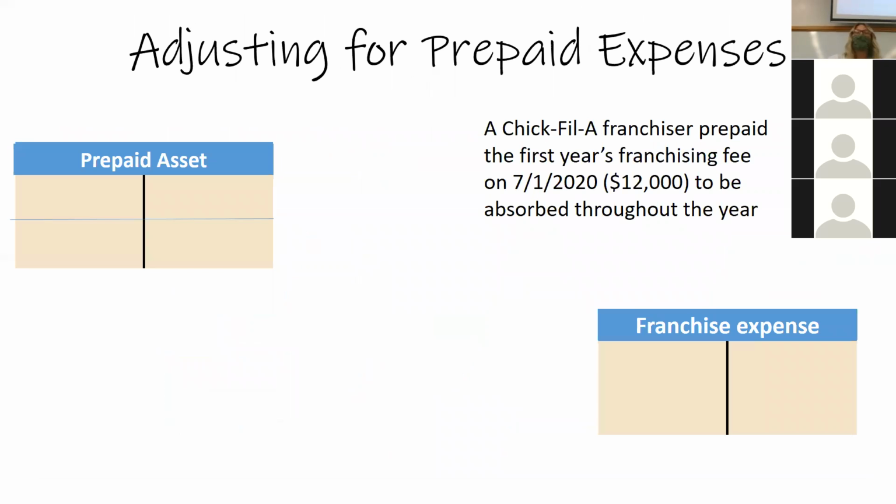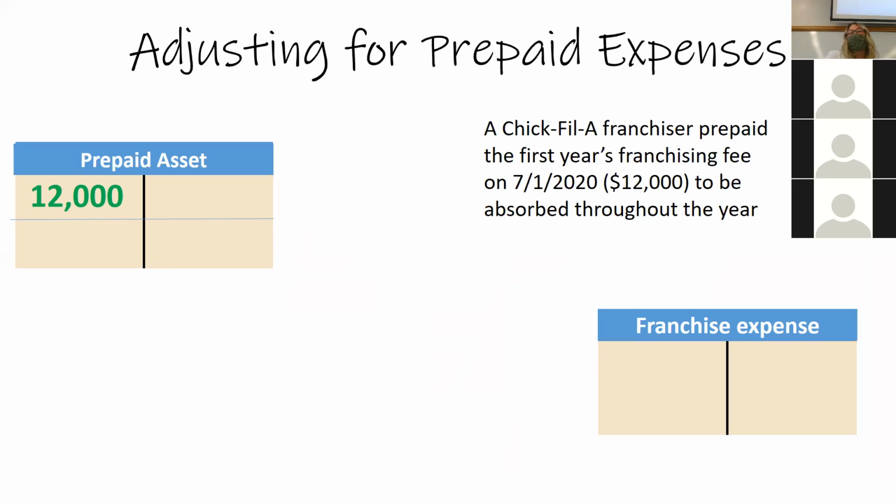So this was similar to a CPA exam question I was studying the other day. A Chick-fil-A franchisee actually does pay an annual franchising fee. It's due up front at the beginning of the year, but it covers the whole year of service that they receive from the Chick-fil-A headquarters. So initially, when we made that transaction, we recorded a prepaid asset, and here it would be that prepaid franchising fee.